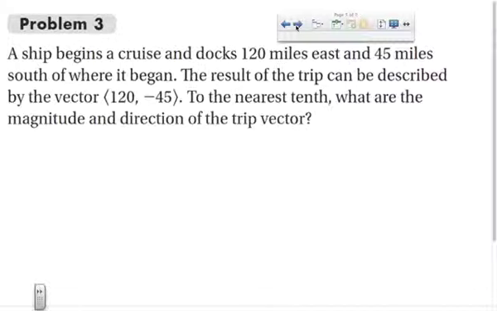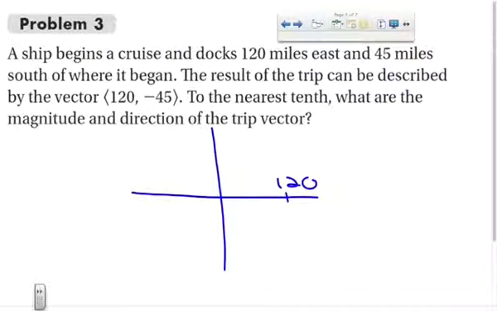What might be helpful for some of you is sketching the vector so that you're seeing where the sides are, where the angle is. So here's my coordinate plane, and my vector. Here's 120, here's negative 45.